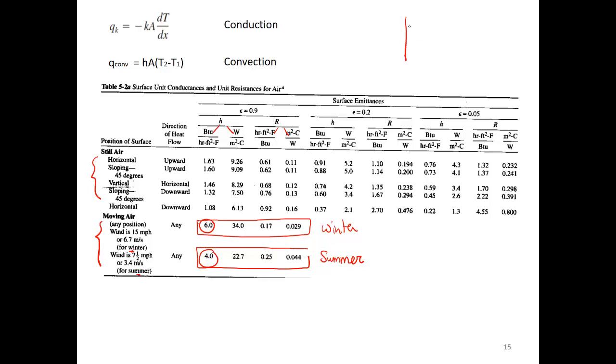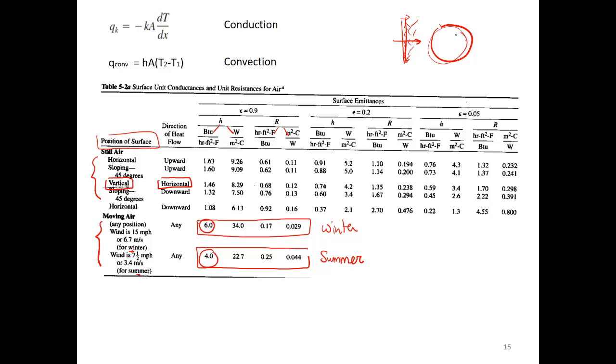If the surface is horizontal... sorry, if we have a vertical wall, then the direction of the heat transfer is horizontal. So you're going this way. Then H here depends on the emissivity of this surface.